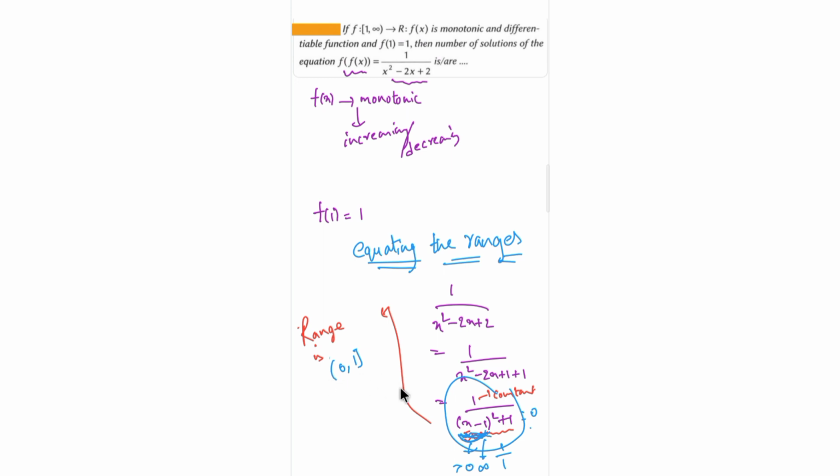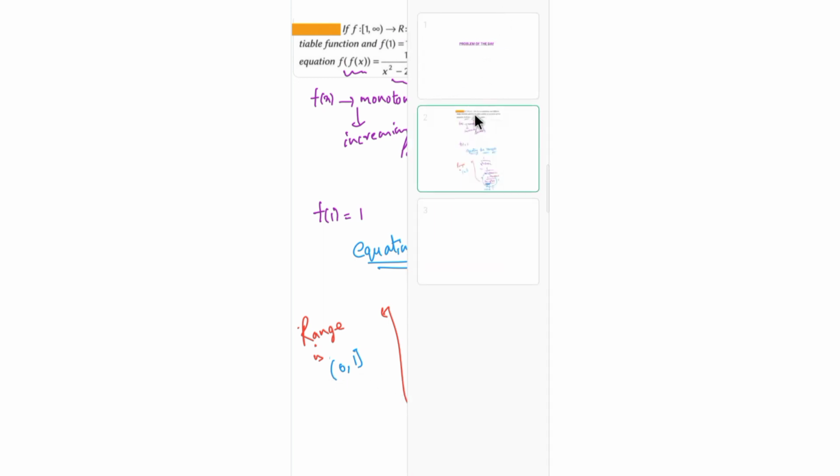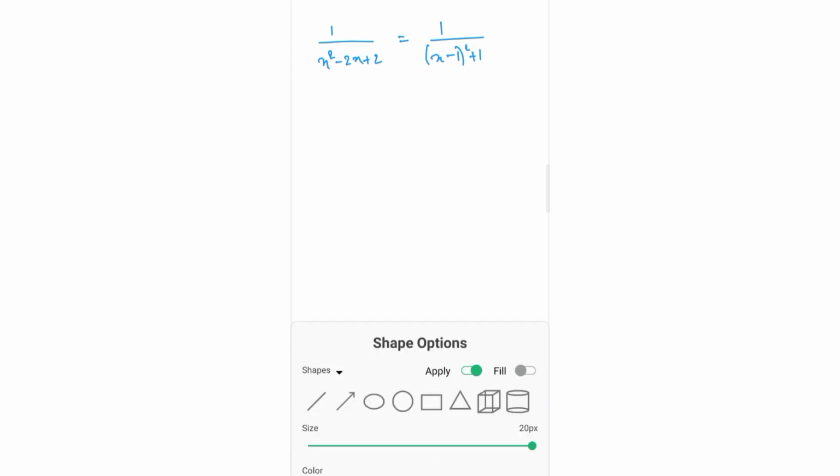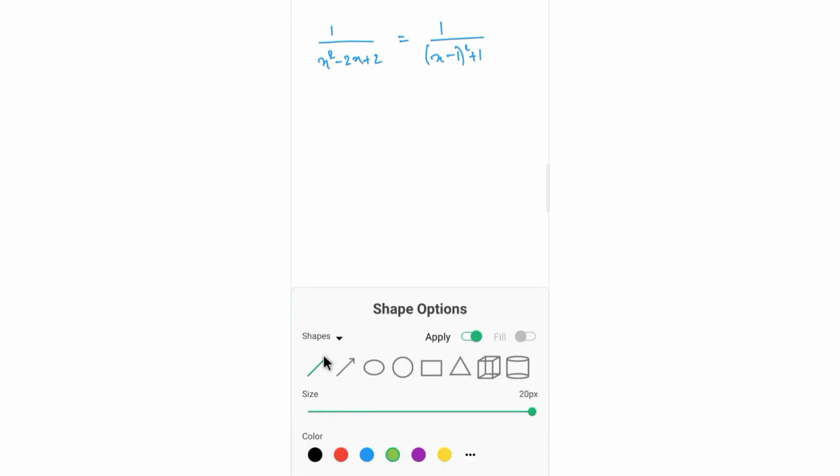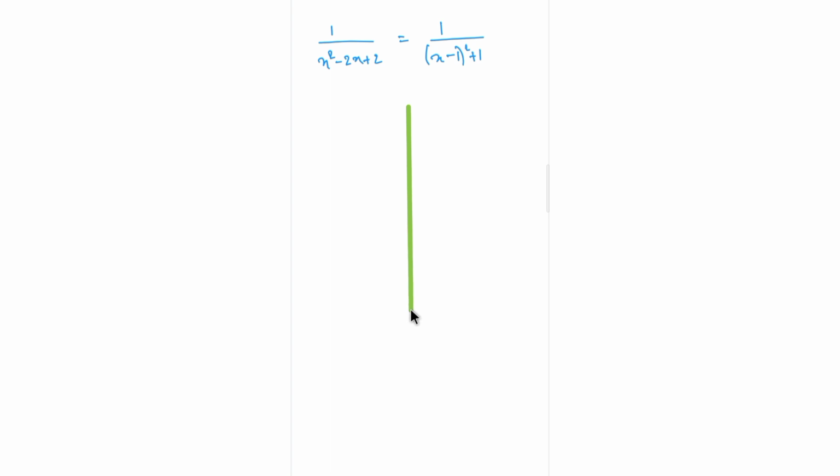So basically the graph looks like this for the RHS. For this expression, 1 by x square minus 2x plus 2, I would write it in this way: 1 by (x minus 1) whole square plus 1. So the graph of this would be in this way. This is the maximum value, which is 1.